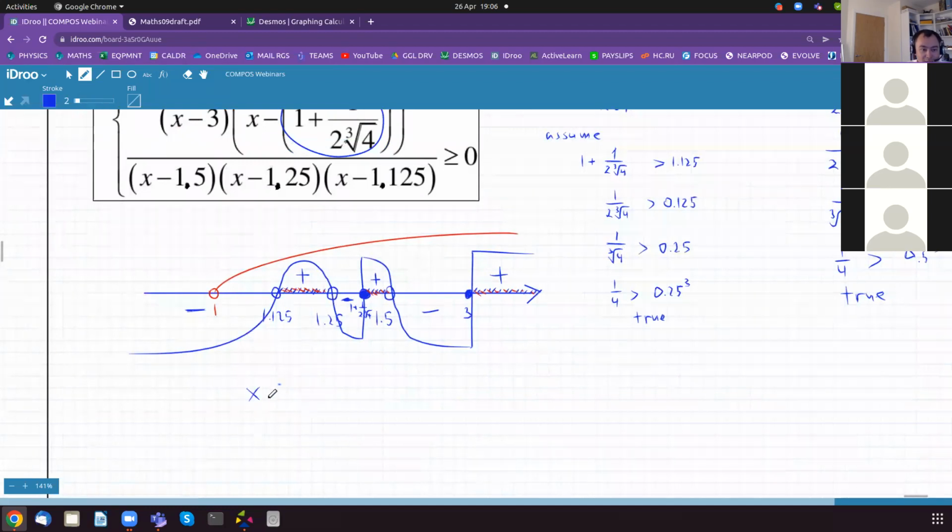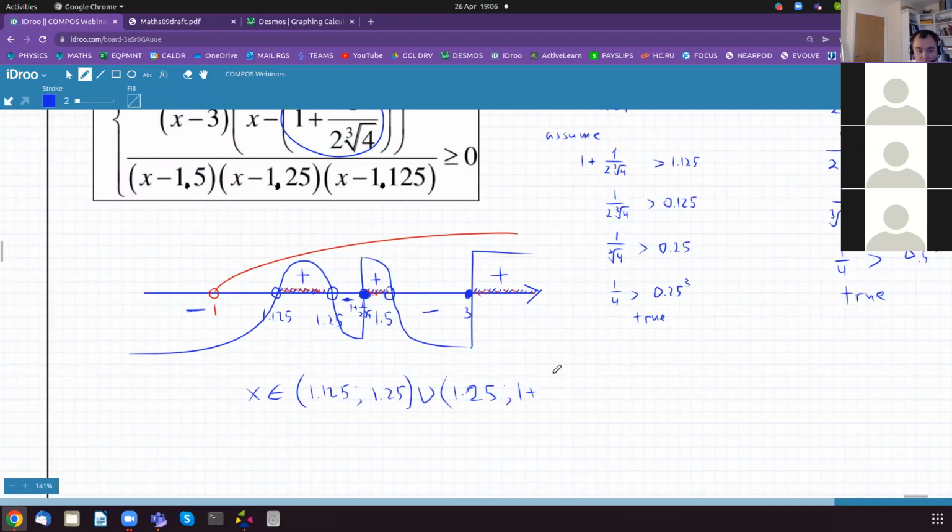So x belongs to 1.125, 1.25. Maybe I've made a mistake. I'll check and correct.